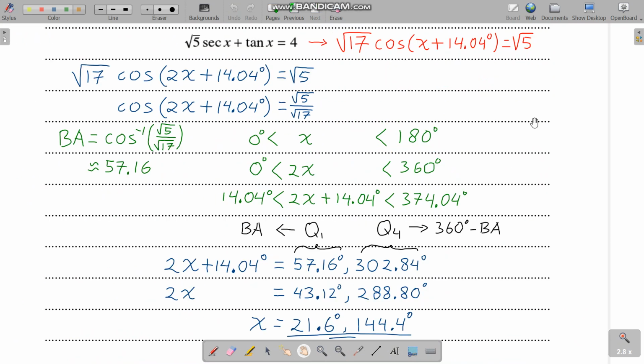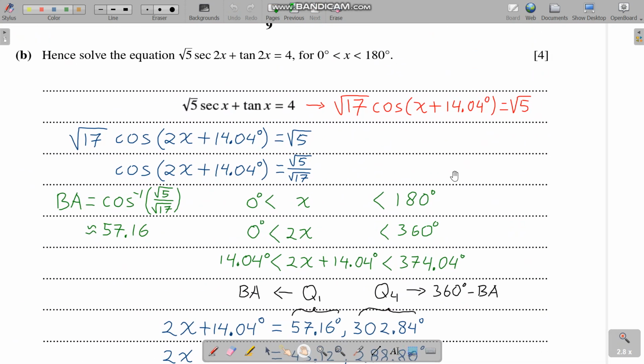Alright, next part. So solve the equation. So previously we know that from this equation we can rearrange and use the double angle rule and so on. We get this is called the auxiliary angle method, basically. Okay, so using the auxiliary angle method, we get this from the first part of the question.